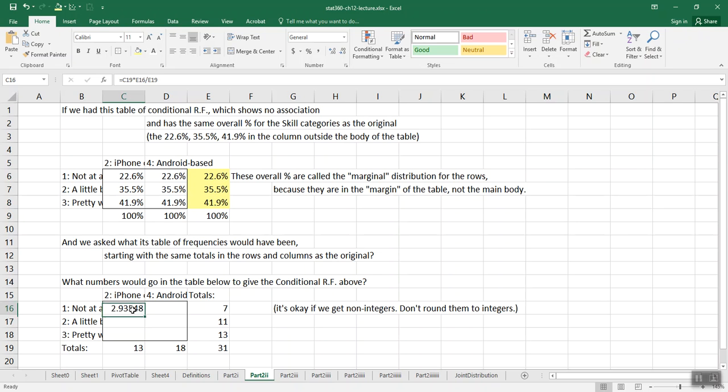Now I don't get an integer there, and that's okay. We don't want to round it to integers. What we're saying is, if I sampled many, many times from a population that behaved independently between these two columns, and then took the average of all the numbers I got, I would get 2.9. Averages are allowed to be non-integer.